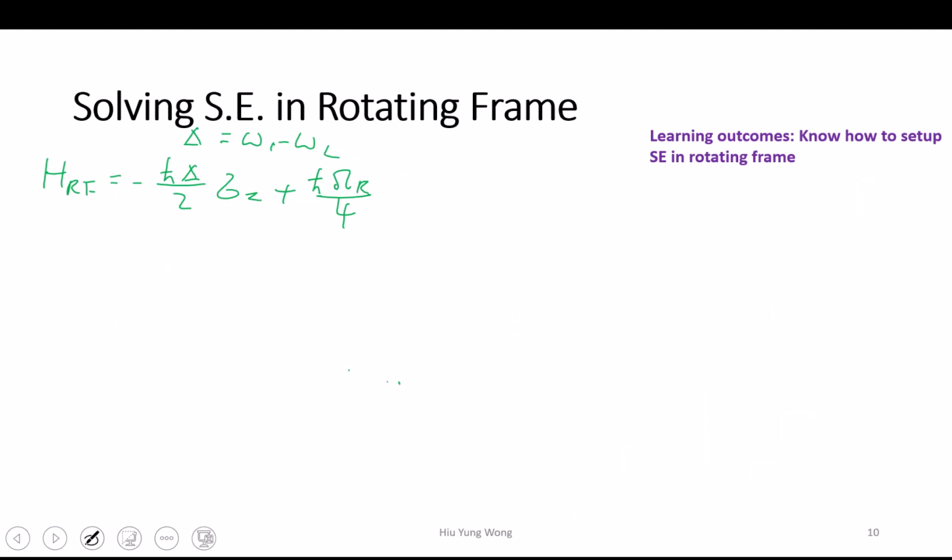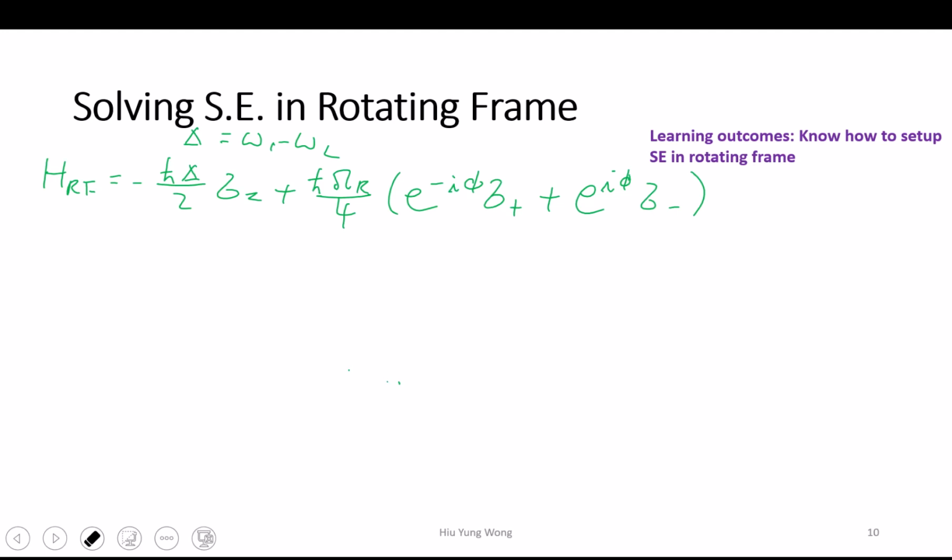So what you get is e to the power negative I phi sigma plus, e to the power I phi sigma minus. Does it make sense? Is there any time dependence from this perspective? No, right? So very good. But we still have sigma plus and sigma minus that we don't like.